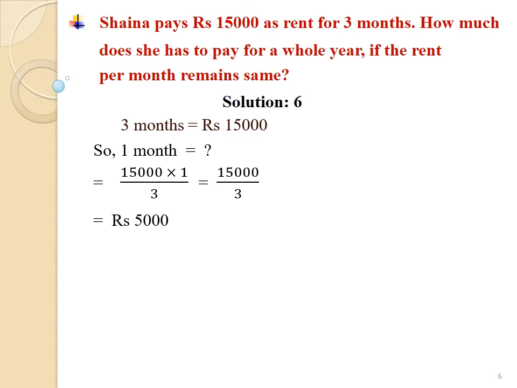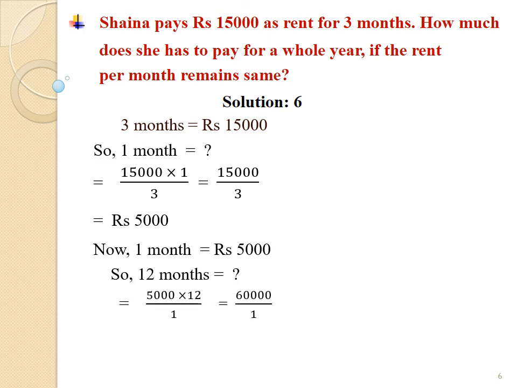Now, let us find out the amount of rent paid by Shaina for 12 months. 1 month equals to rupees 5,000. So, 12 months equals to how much? By cross multiplying, we get 5,000 multiplied by 12 upon 1. Now, multiplying 5,000 by 12 and keeping denominator 1 as it is, we get 60,000 upon 1.